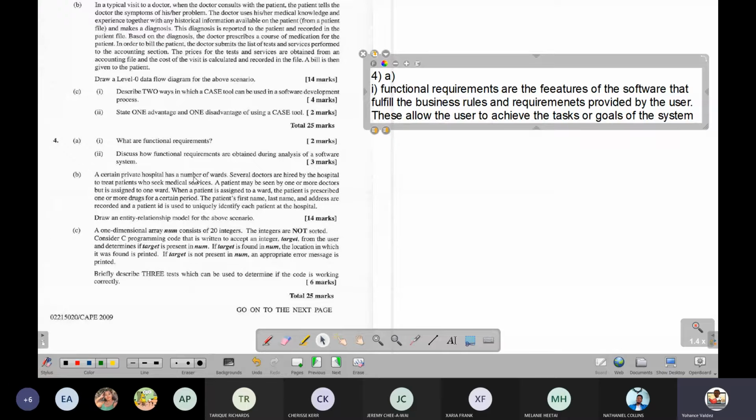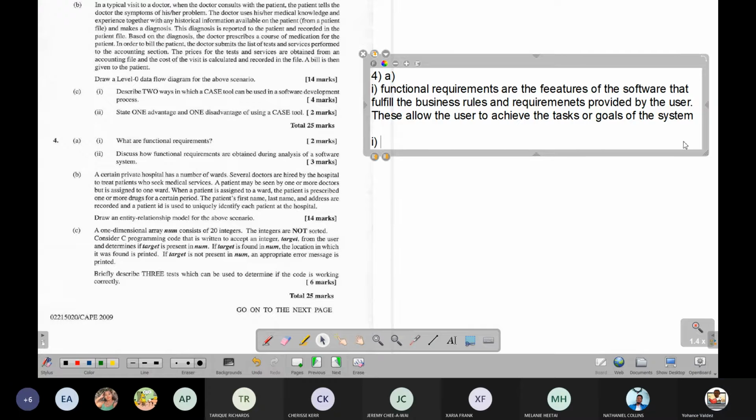The next question is discuss how functional requirements are obtained during the analysis of a software system. So at the end of the last class, we identified that the functional requirements are obtained how? Yes, Alexa, correct.